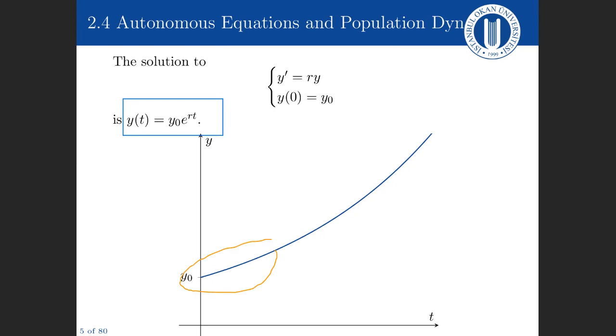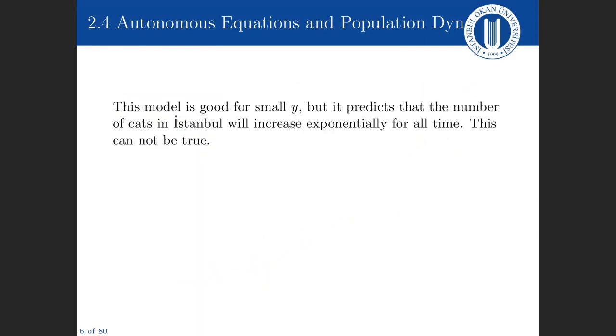We're happy with this. The problem happens when y is a large number, because the model predicts that the number of cats in Istanbul will increase exponentially for all time. And this cannot be true. We have 1 million cats in Istanbul, 1 billion cats in Istanbul, 1 trillion cats in Istanbul.